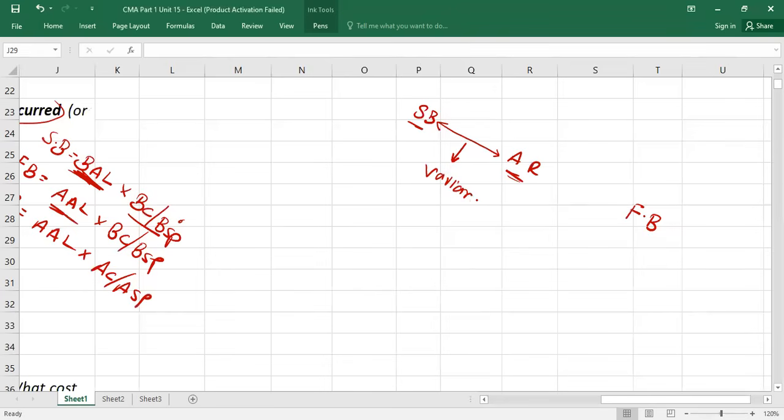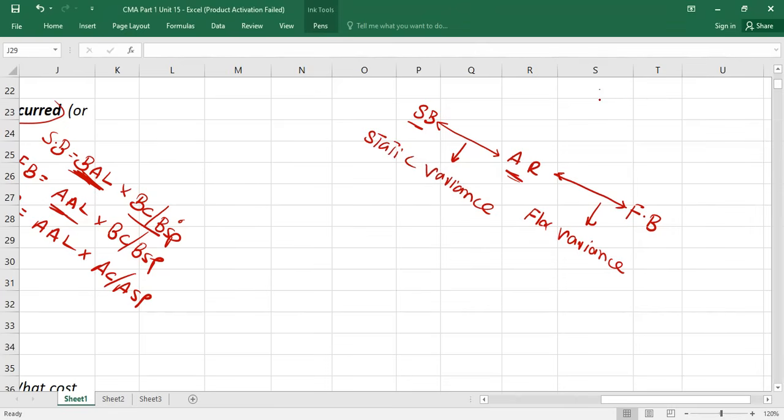But this variance is known as static budget variance. On the other hand, if you compare flexible budget with the actual results, this is also a variance, but this variance is known as flexible budget variance. So there are two definitions for variance, static variance and flexible variance.